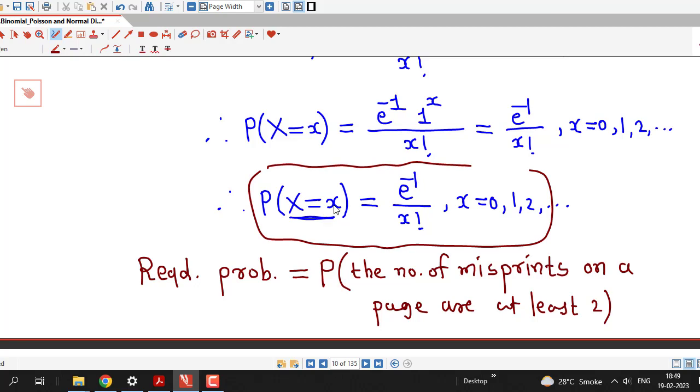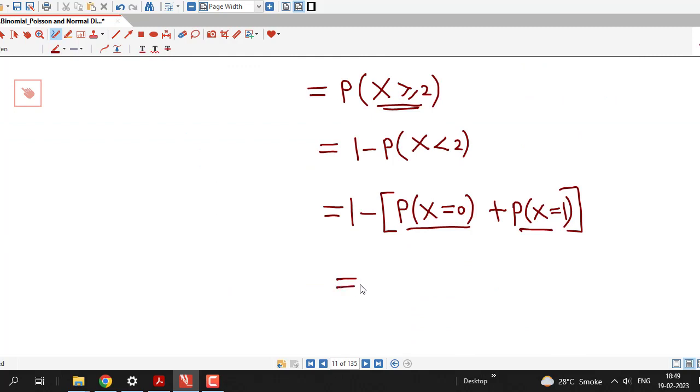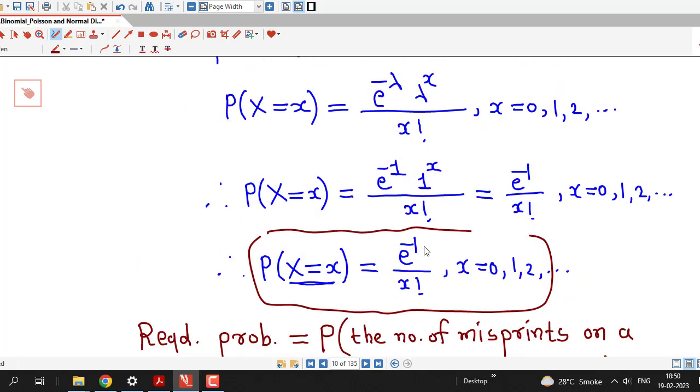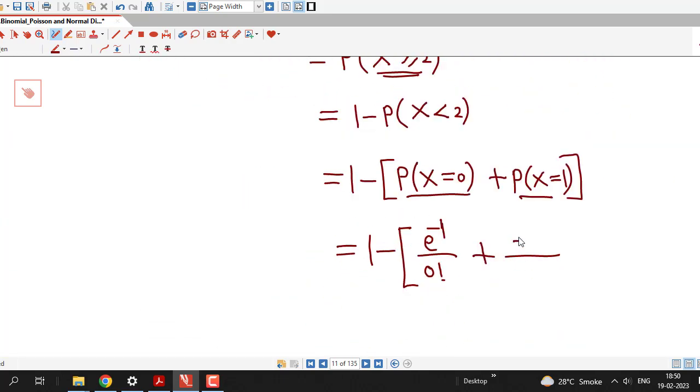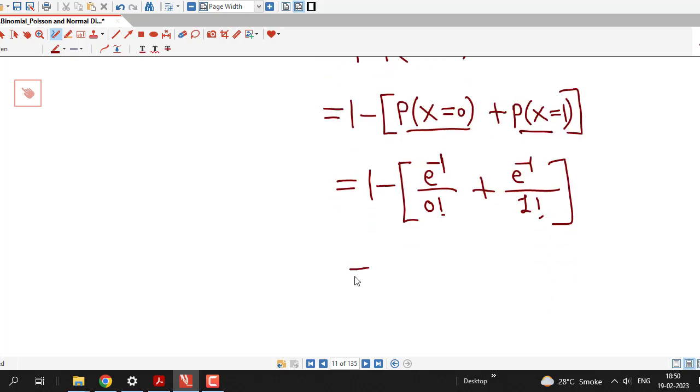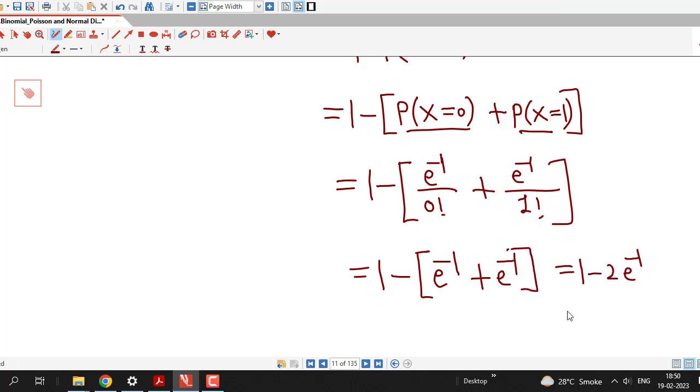If I take capital X equal to 0, I will have e raised to minus 1 divided by 0 factorial, and for x equal to 1, e raised to minus 1 divided by 1 factorial. So this becomes 1 minus, and since 0 factorial is 1 and 1 factorial is also 1, this is 1 minus 2 times e raised to minus 1.